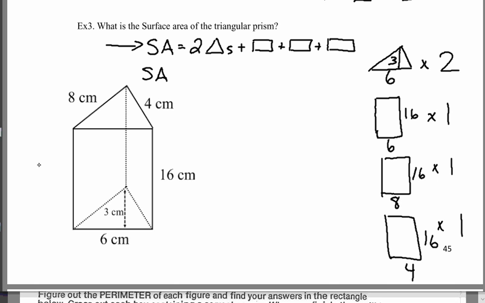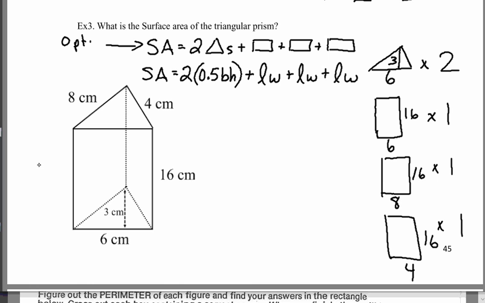This, again, is an optional organization step. It just helps me to eliminate errors, I hope, and I find. Well, I have 2 triangles, 1/2 base times height, plus a rectangle, plus another rectangle, plus a third rectangle.